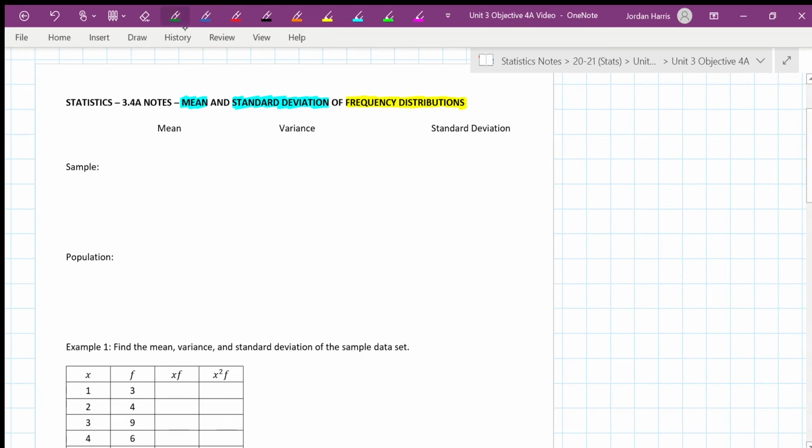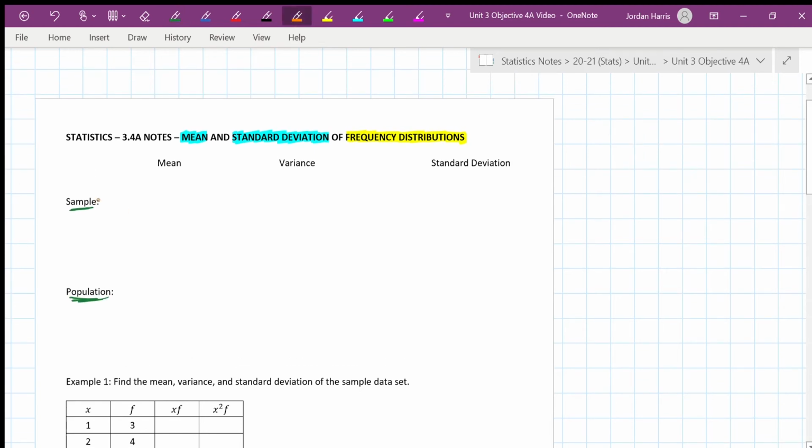3.4a, we're just going to go through these pretty quickly. So we have sample versus population. Important distinction once again. My sample mean is x bar, and that is the sum of xf over the sum of f. We actually did this in 3.2. That should look familiar. Now we're adding in variance and standard deviation.